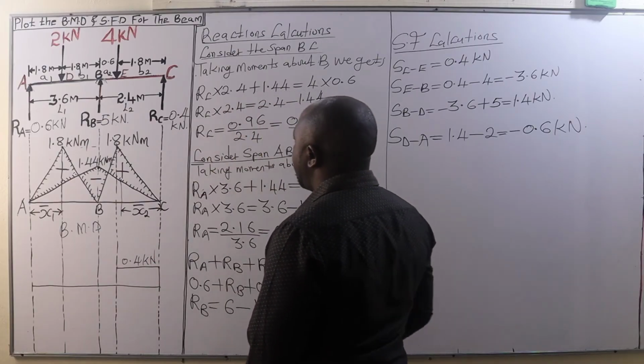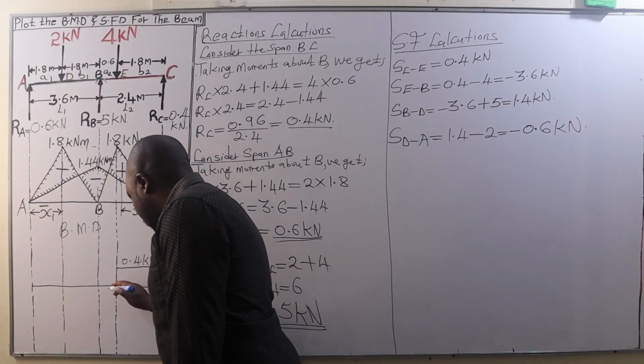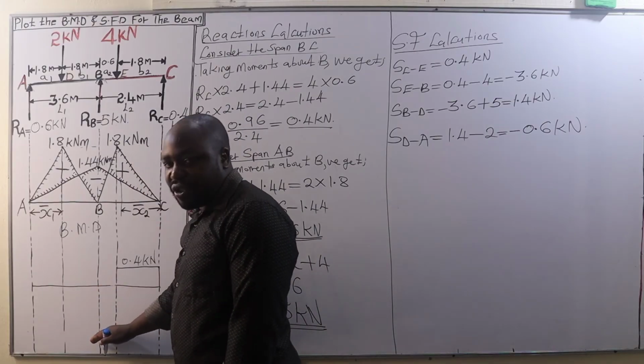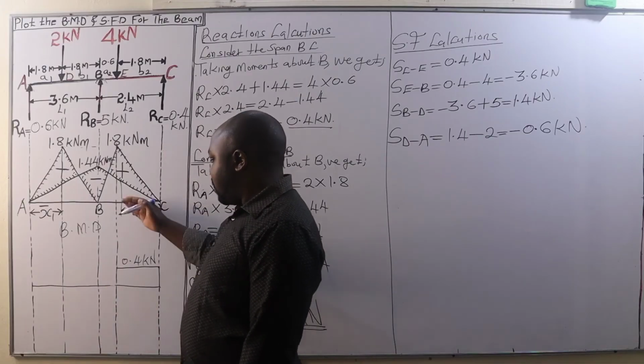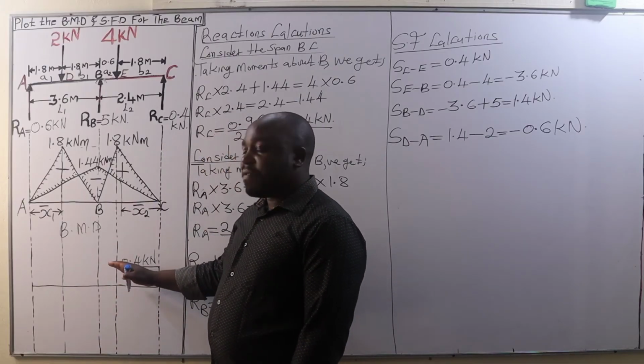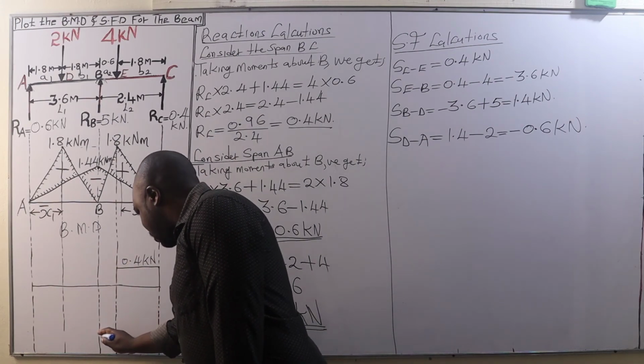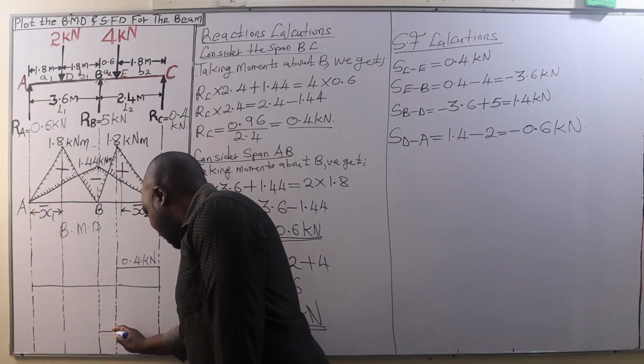Then the shear force between E and B, negative 3.6. So it is going to appear below this line because it is negative. Positive shear forces will appear above this line of origin. Negative shear forces will appear below this line. Therefore, 3.6 kilonewtons, let's approximate it to be at that point.